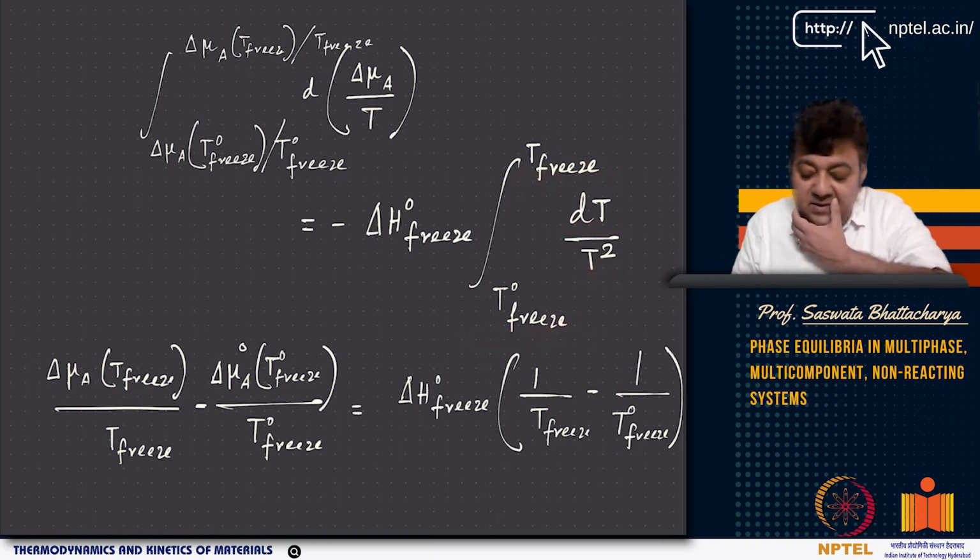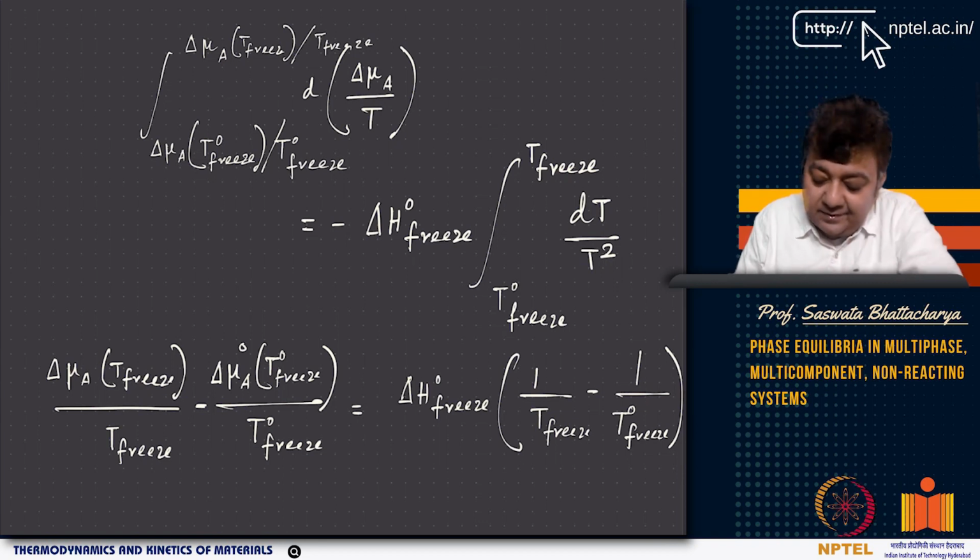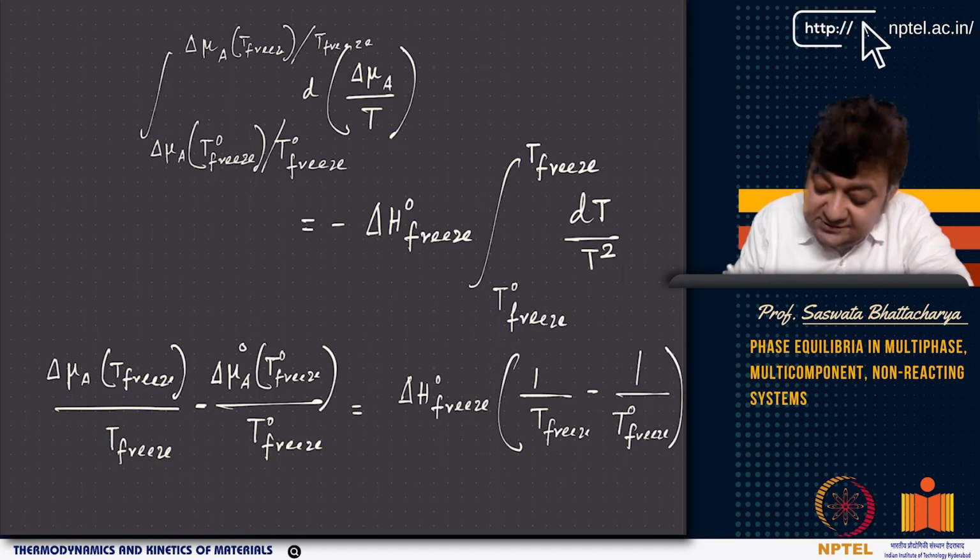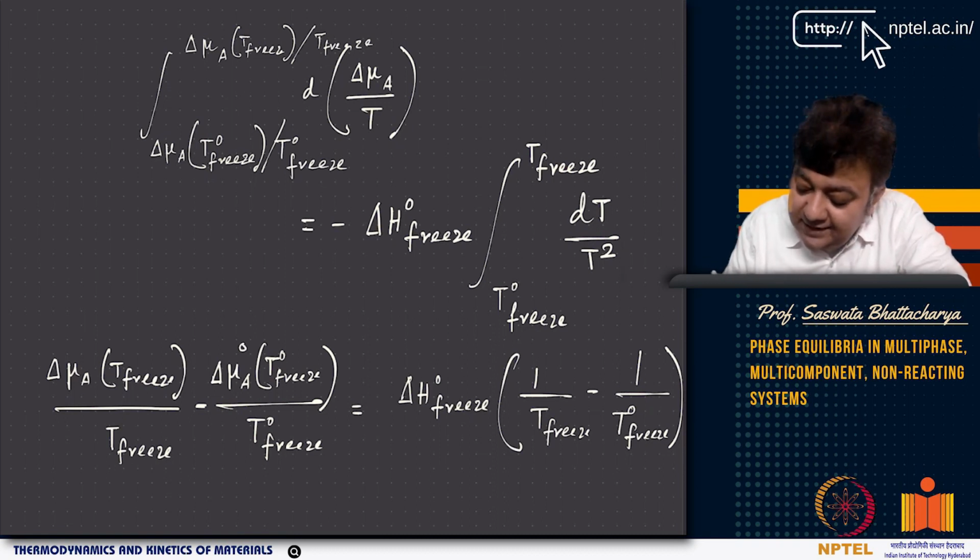So basically you can write delta mu A at T freeze by T freeze minus delta mu A at T0 freeze by T0 freeze equal to delta H0 freeze times 1 by T freeze minus 1 by T0 freeze.